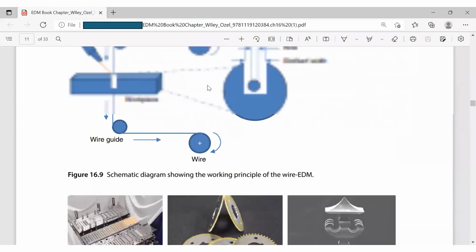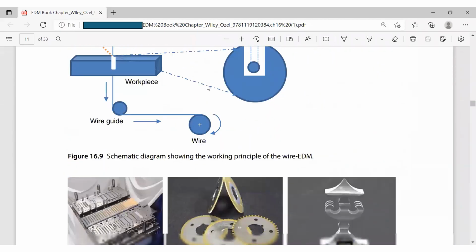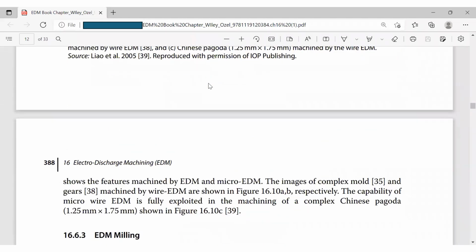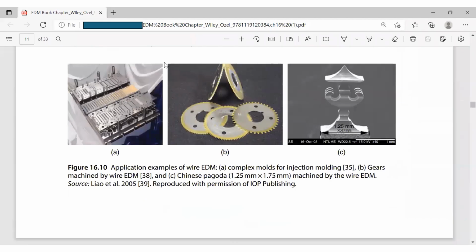So here it shows the features machined by EDM and micro EDM. So here is the micro EDM. That's the complex molds for injection molding. And the pieces, this one, the pieces machined by wire EDM. Here is a Chinese pagoda. So this is also machined by wire EDM. It is very beautiful.